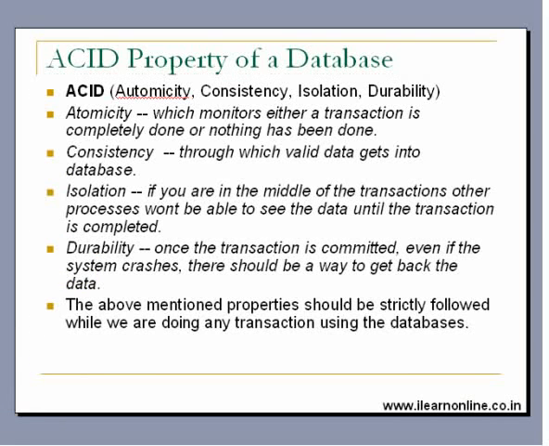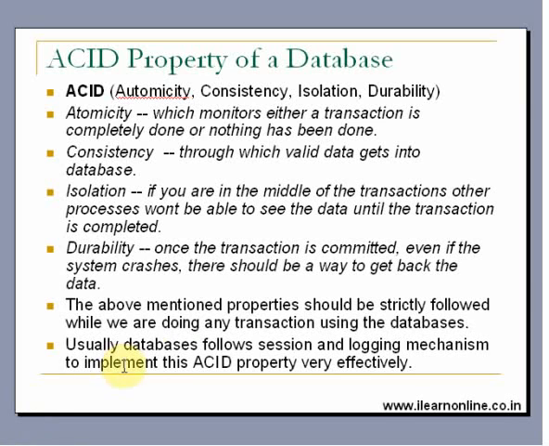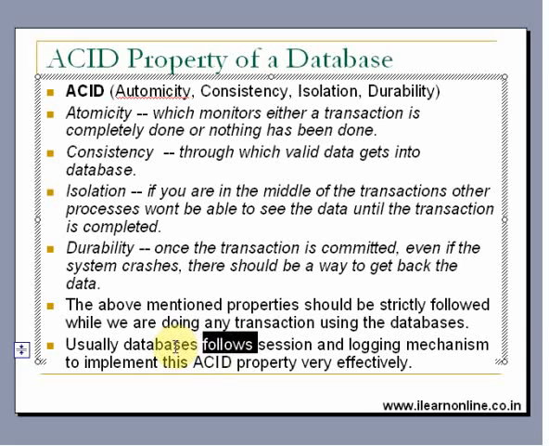Now the next point is that the above mentioned properties should be strictly followed while we are doing any transaction using databases. There are 2 things which every database usually has. When a user gets connected to a database, a session is created, and for every transaction you make through this system, the log information is also maintained.